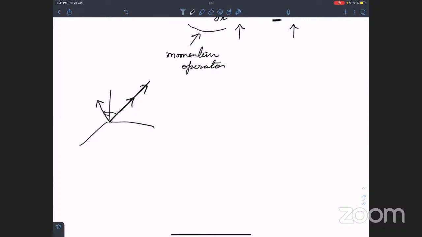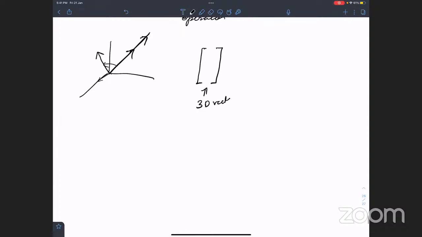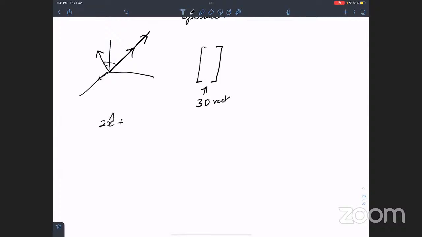Okay. So in three-dimensional space, any vector is denoted by a 3D vector, which basically denotes the projection on x hat, y hat and z hat. Let me give an example. Any vector in three-dimensional space, for example, 2x hat plus 3y hat plus 5z hat, right? This is a vector in three-dimensional space.